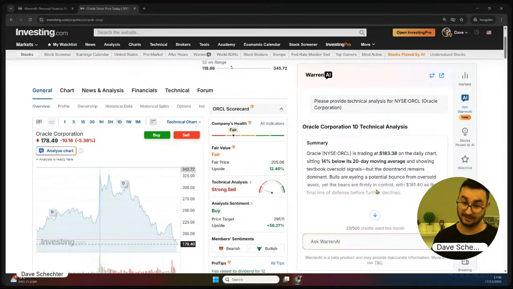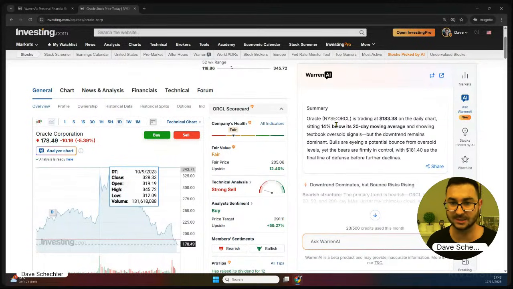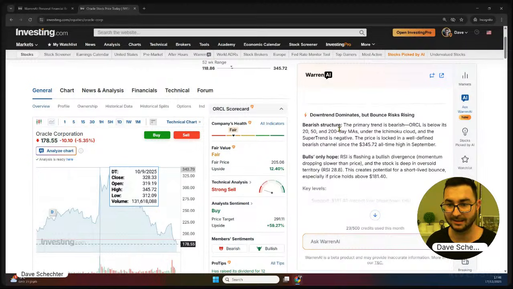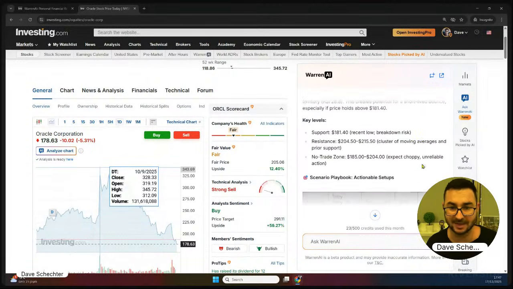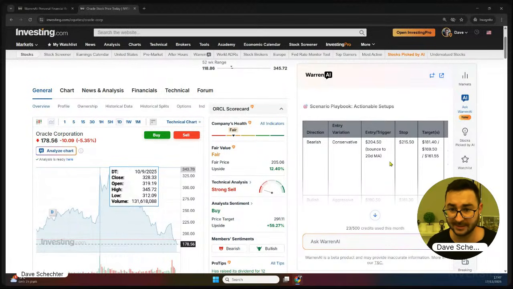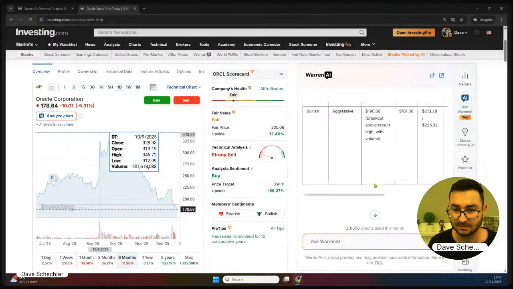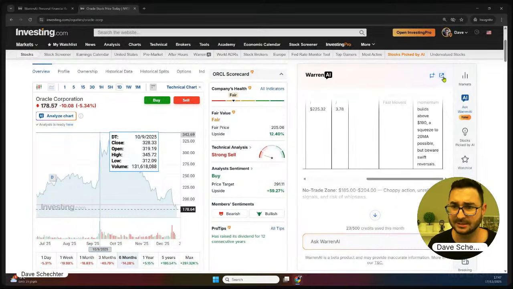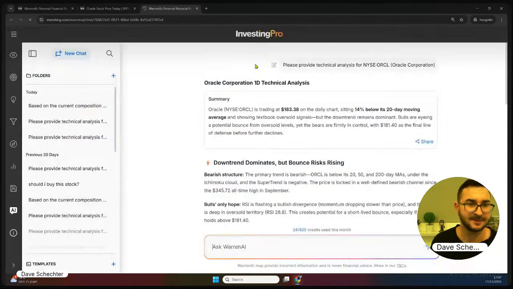It doesn't matter. It'll give you a summary of what it believes you should do. It'll give you the trends, the bearish trend and the bull trend, key levels and supports. It'll give you entry and exit points and stop losses. Actually, let's open this up so you can see a little bit better.